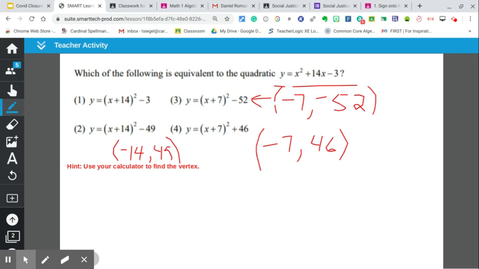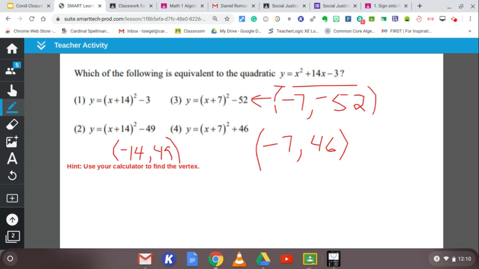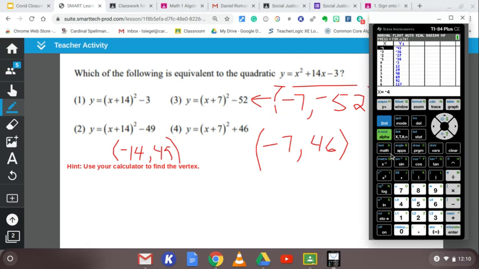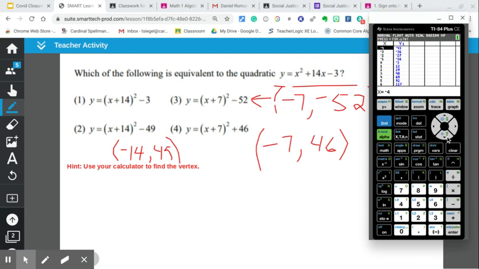Okay, so let's get our calculator back here. We go to the table, and we have to go to the negatives. If we look at -7, put it right in the middle of your screen. -7 has -52, which is good, but is it symmetrical? Are they the same on each side?